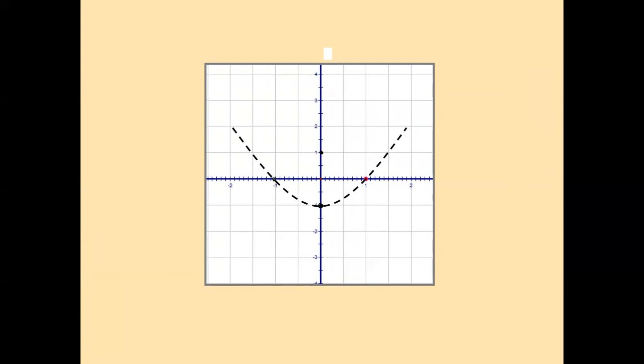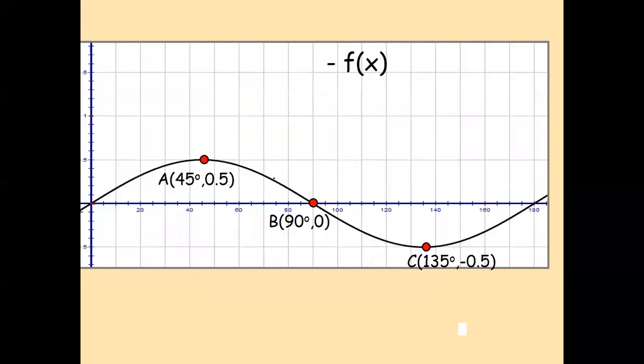So basically, you can see if you were to flip it, it just goes like this. So you just flip the function. Okay, so that's minus f of x. So (1, 0) and (-1, 0), they've not changed. They're still there. But this point here has changed. It used to be (0, -1). Now it's (0, +1).